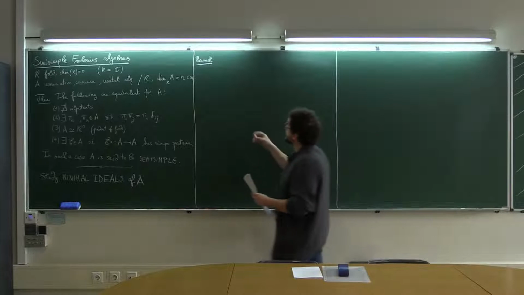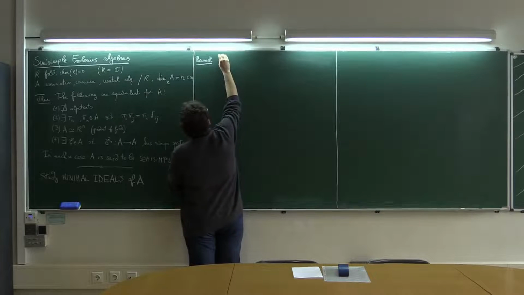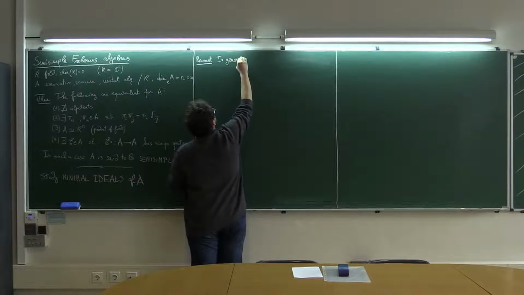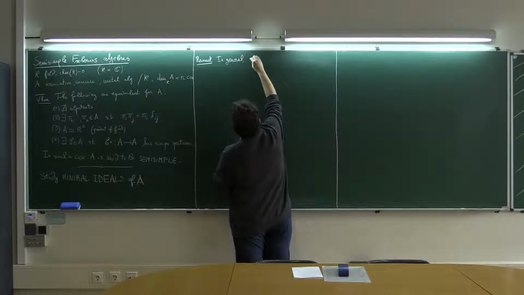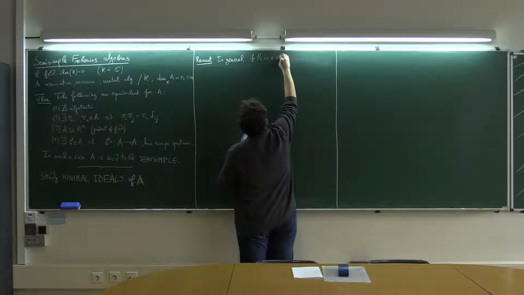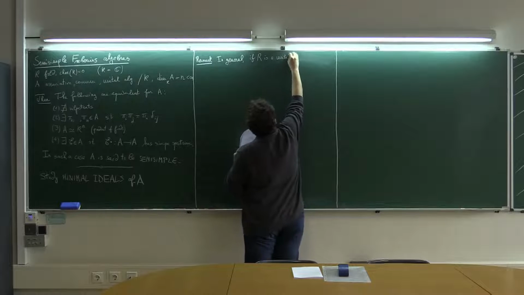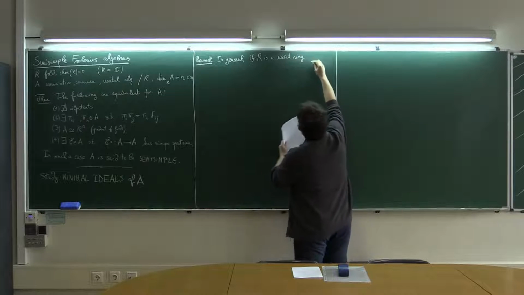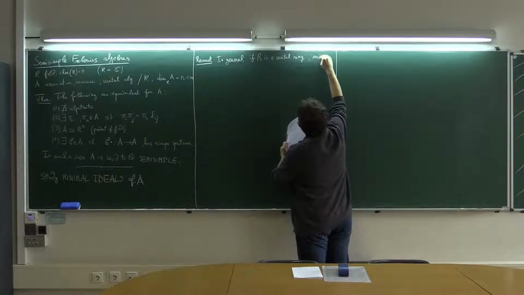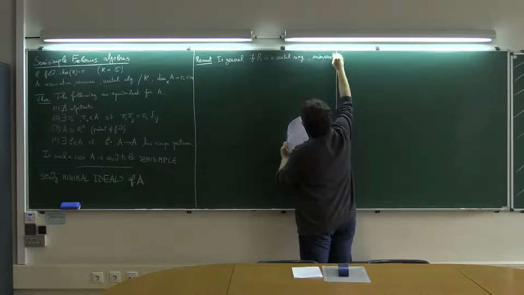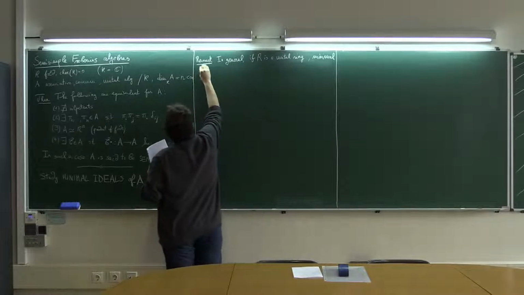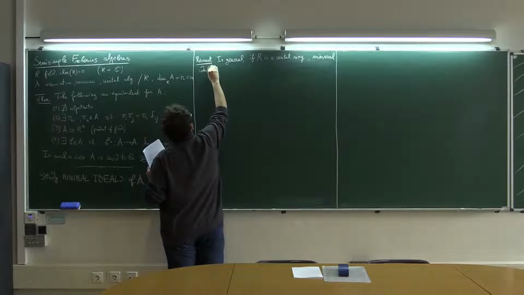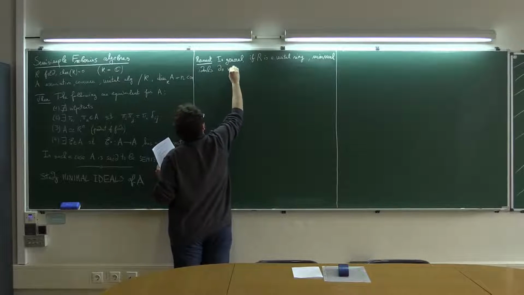So in general, if R is a unital ring, minimal ideals do not exist.